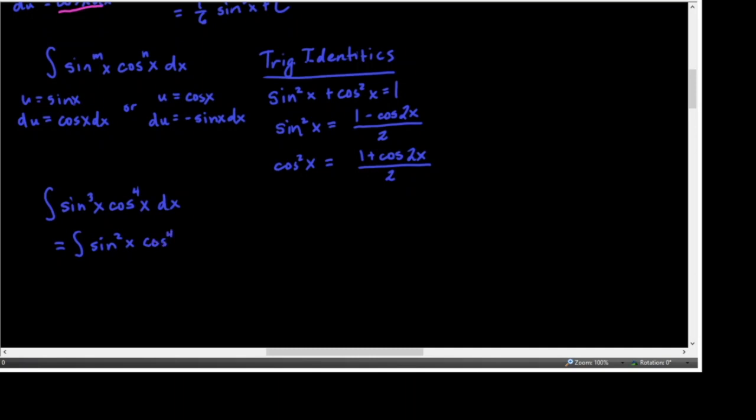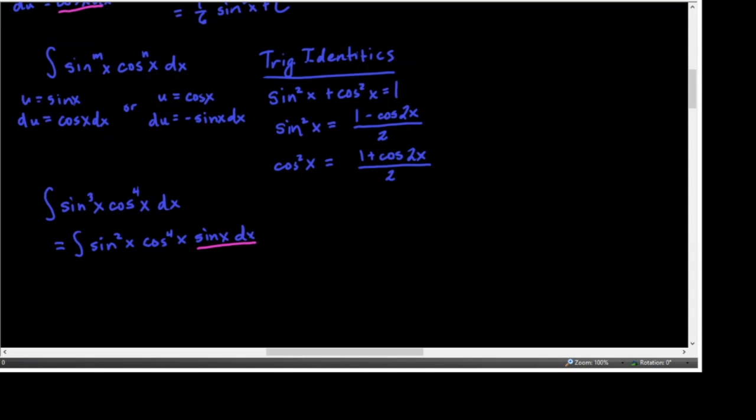And I'm going to write that other sine of x at the end. So I haven't changed the integral, I've just changed the way it looks. It's still equivalent to what's right there. Then this part back here will be our du, or part of our du at least.